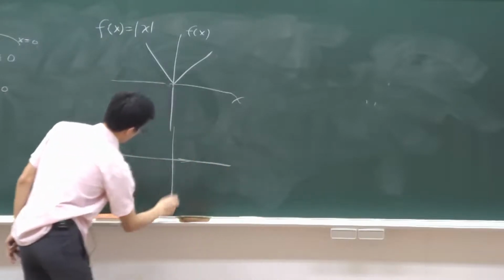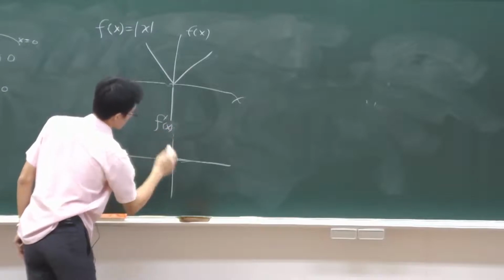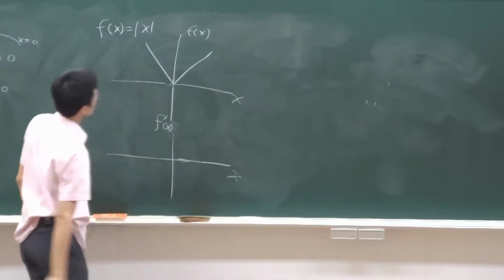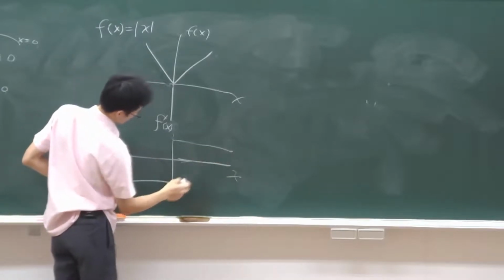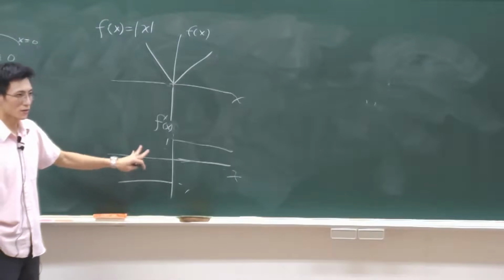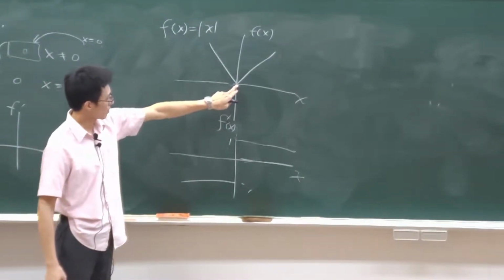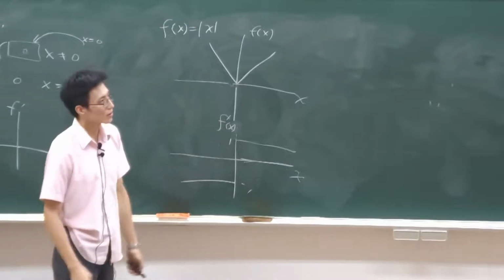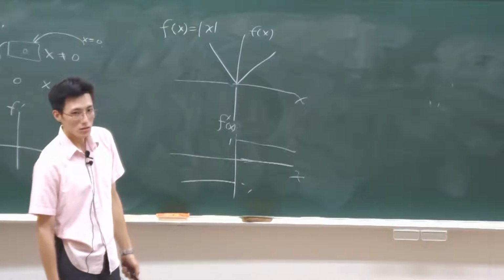And its derivative is what? Here is -1, here is 1. Okay, so it's not continually differentiable. And it's differentiable everywhere, but not at 0. Okay, so is it Lipschitz? Yes, it's Lipschitz.